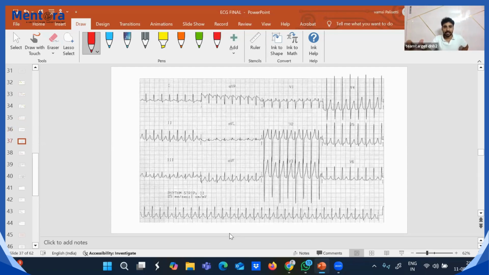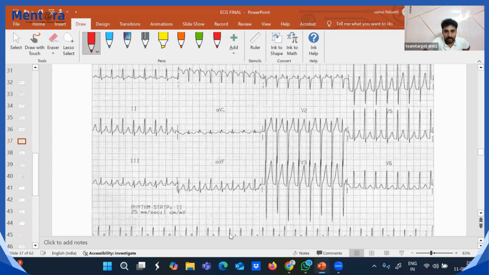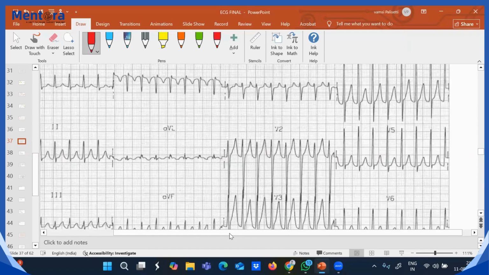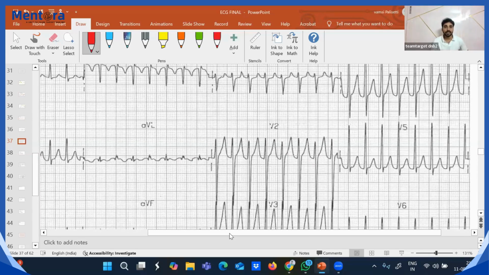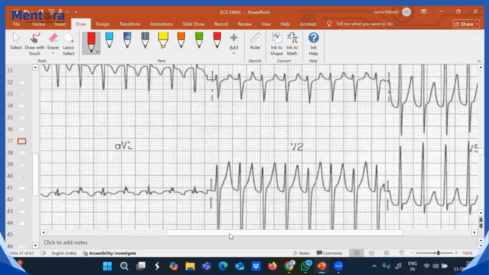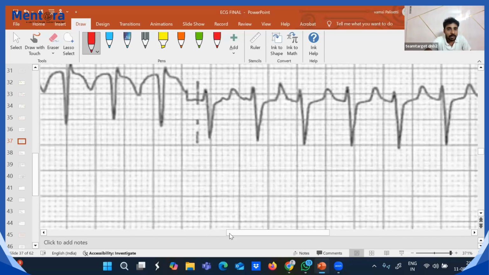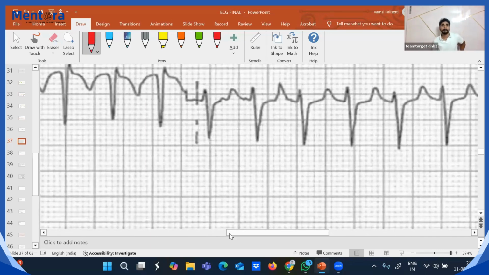Right? Identify this ECG again. So this is a tachyarrhythmia. Regular. Narrow complex, and P wave is absent. Just count the QRS complex, please. Two small boxes.